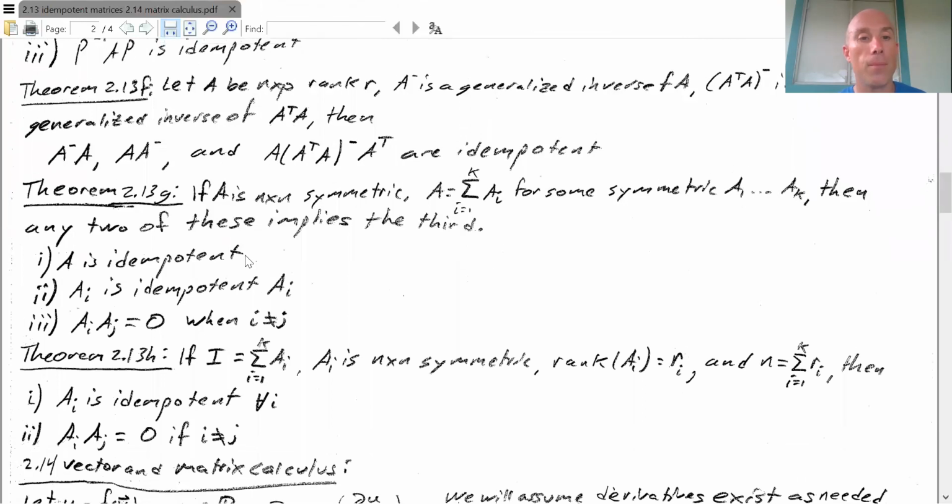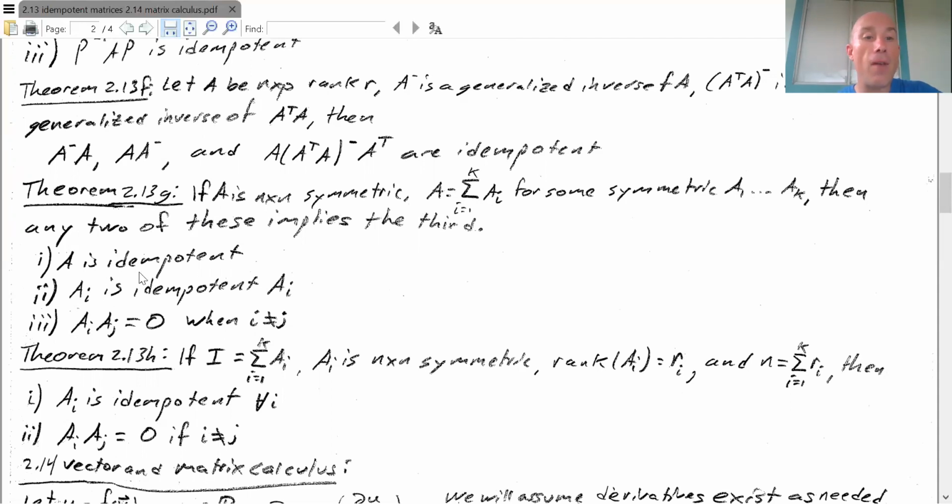Now this next one actually has three proofs in it, three proofs for the price of one, so you're definitely getting a bargain today. If A is an n by n symmetric matrix, and A is equal to the sum of some symmetric matrices, so I have a bunch of symmetric matrices and I add them up to get A, then any two of these conditions imply the other one.